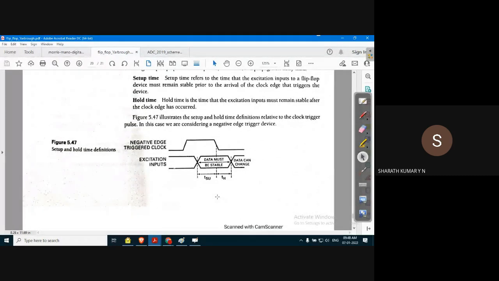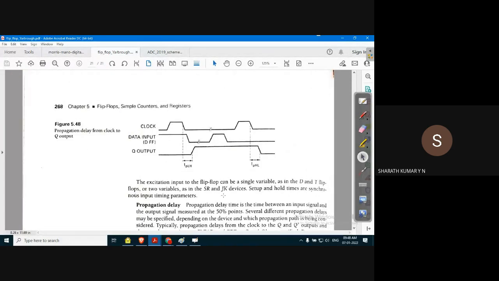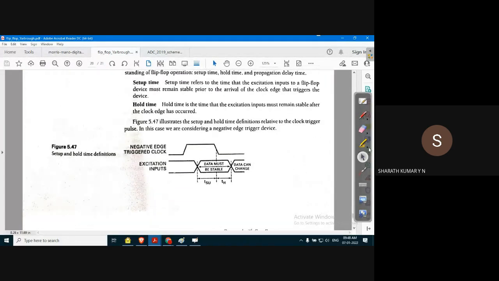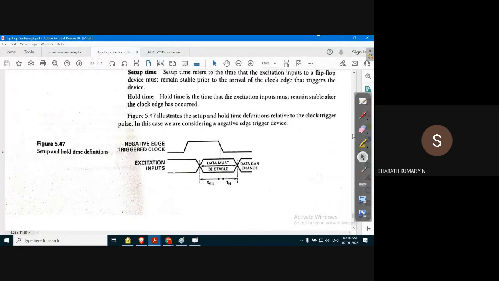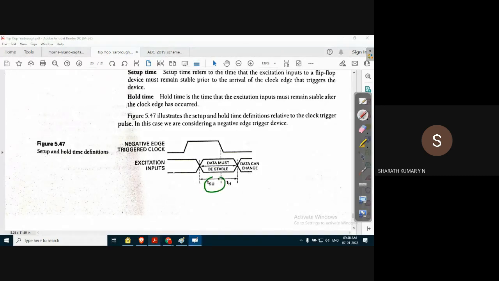Okay, guys, this is what I was discussing. It takes some time for the flip flop to set up, and it takes some time to hold. Setup time means when the input changes, the time taken for the output to change. Hold time means the minimum duration for which the input should be held.